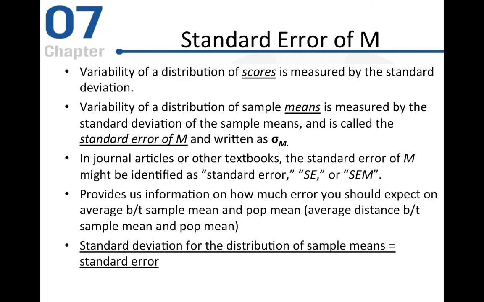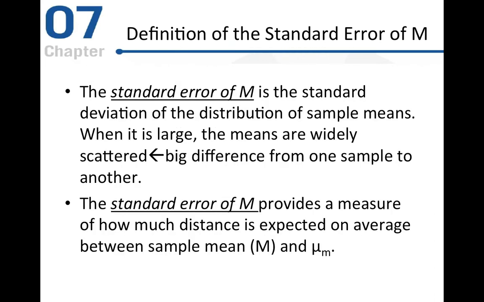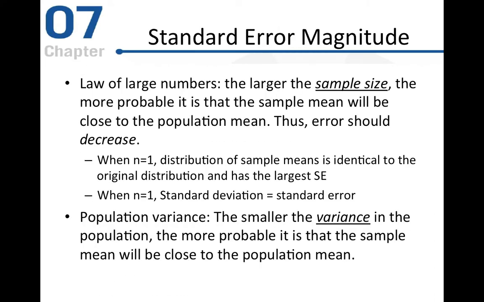You can easily compute back and forth between those two statistics. Okay, so the smaller the variance in the population, the more probable it is that the sample mean will be close to the population mean. So the smaller the variance, the smaller the variability in the population, the smaller the error.